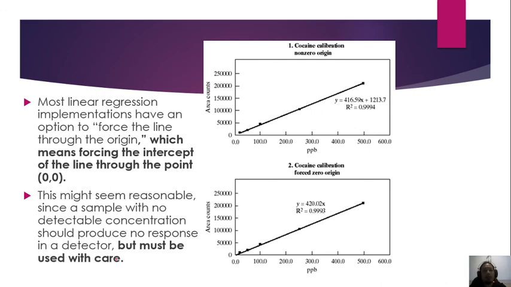Most linear regression implementation have an option to force the line to the origin, which means forcing the intercept of the line to the point 0, 0. This might seem reasonable since a sample with no detectable concentration should produce no response in a detector, but must be used with care.